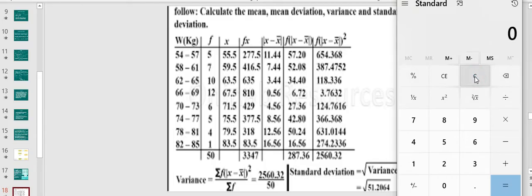Now 79.5 is multiplied by 4, equal to 318, and 83.5 will be multiplied with 1, and it will be 83.5.